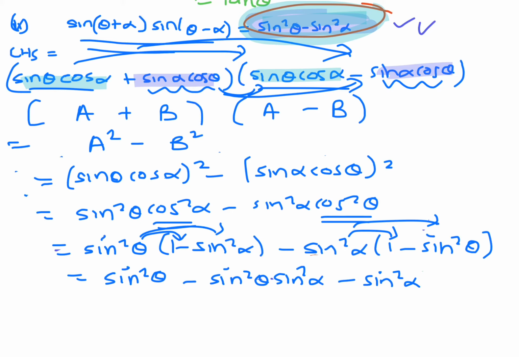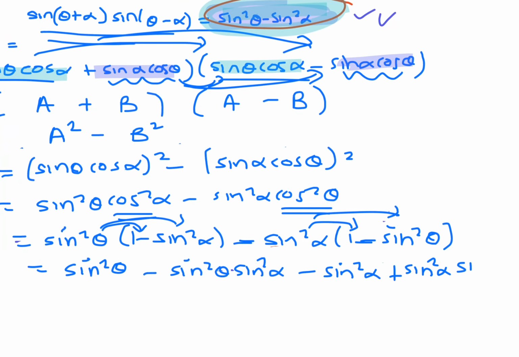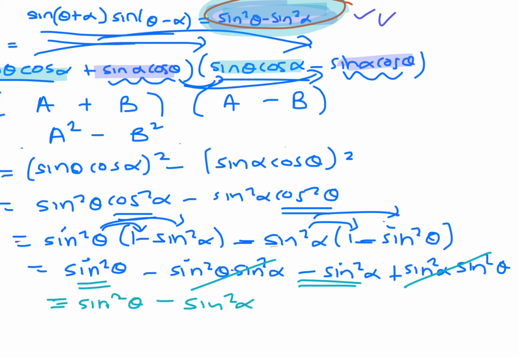Minus sine squared alpha times minus sine squared theta is plus, because the minus times the minus is a plus, sine squared alpha sine squared theta. Okay, so these are the same, so you cross them out, and then if you look at what's left, you end up with sine squared theta minus sine squared alpha.